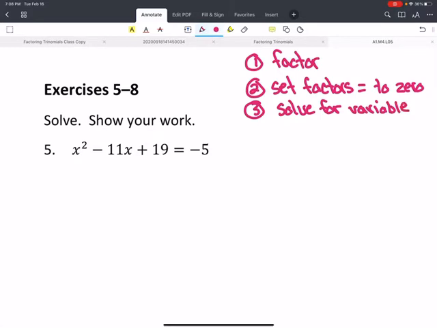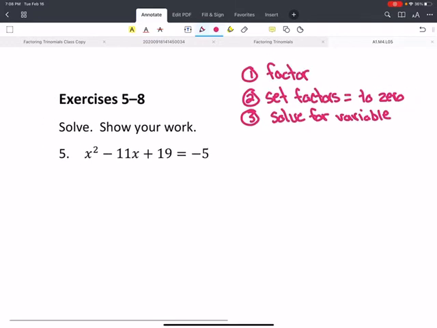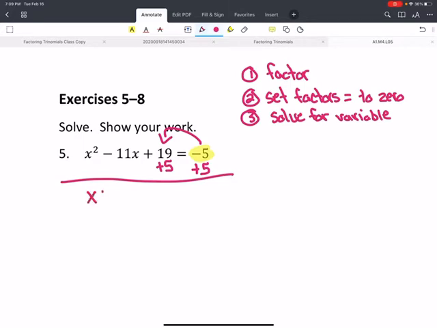Okay, so in order to factor number 5, the first thing I need to realize is that I have this plus 5 over here. This minus 5 over here. Do you see that guy? I need to get everything to this side of the equal sign. So I'm going to do that by adding 5 to both sides. That leaves me x squared minus 11x plus 24 equals 0.